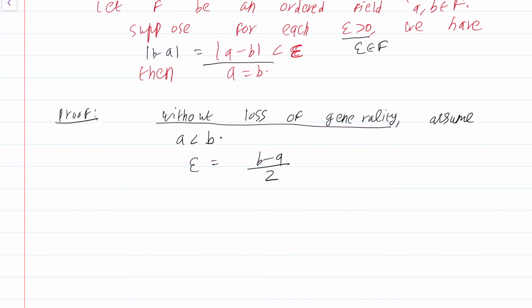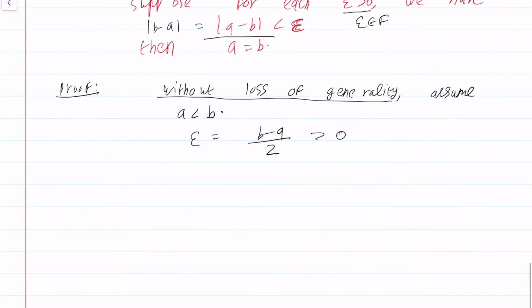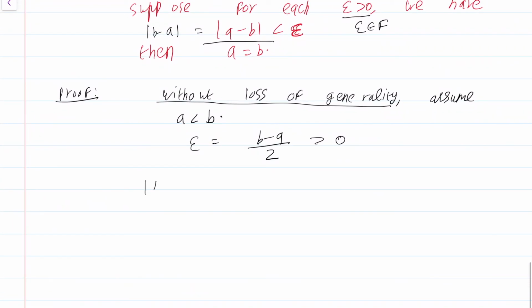Now this is a positive quantity simply because A is less than B. Now mod B minus A is equal to B minus A because B is greater than A, which is greater than B minus A by 2, which is equal to epsilon, which is a contradiction. This is a contradiction.